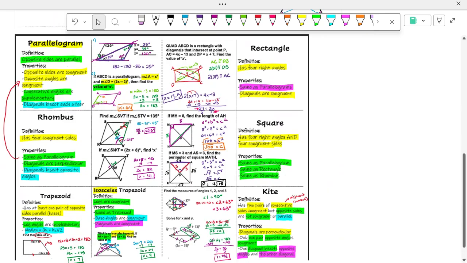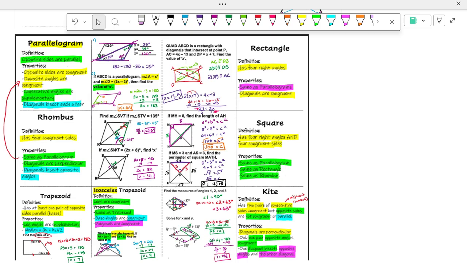All right. So, now let's talk about where the kite would fall in the hierarchy. So, in order for it to be considered in the trapezoid family, or a child of the trapezoid, it has to have at least one pair of parallel sides. Is that true? No. All right.